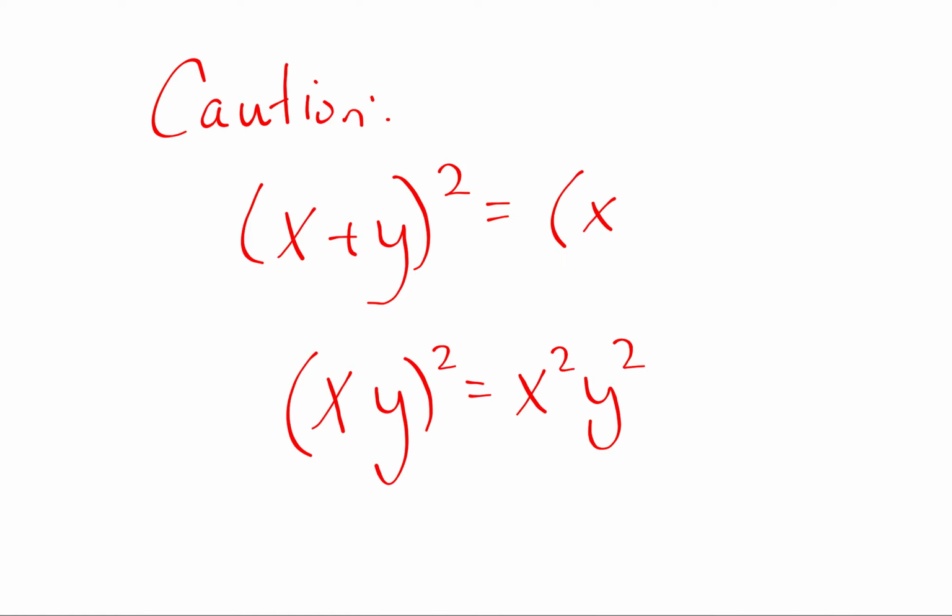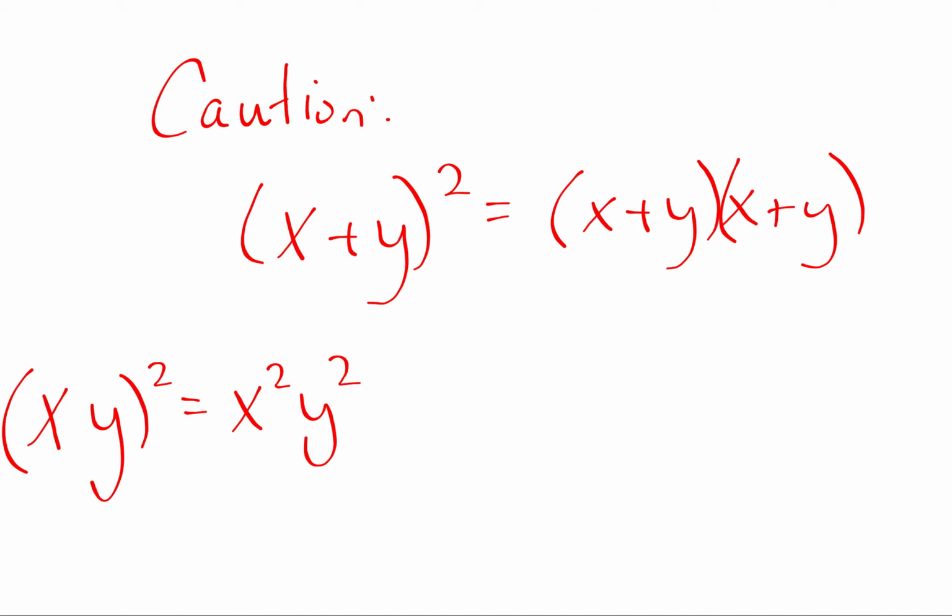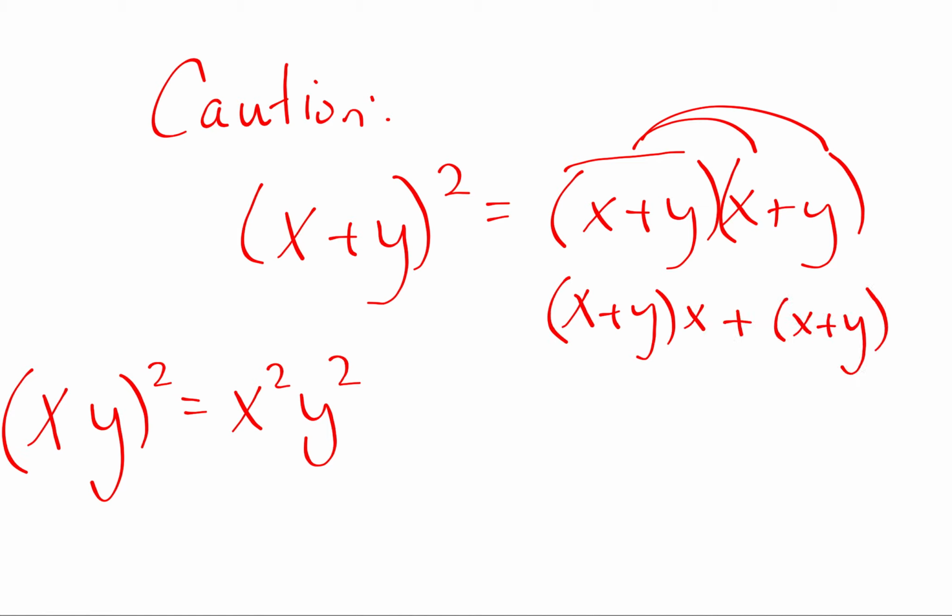You have to write the sum twice and then evaluate it. And you use the distributive property here, and it's a little time consuming, but it does not come out to be simple distributing like you can do with the other.